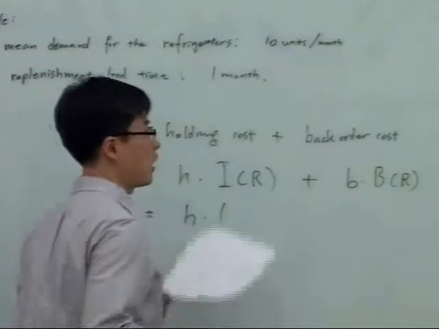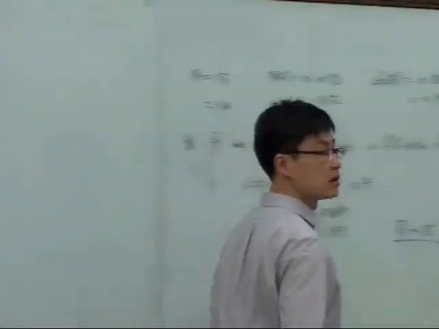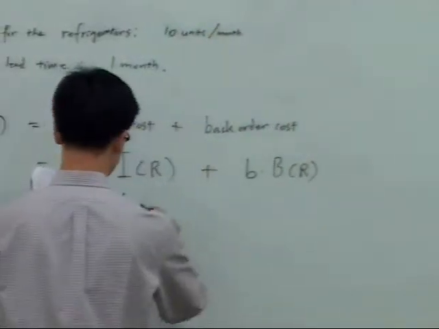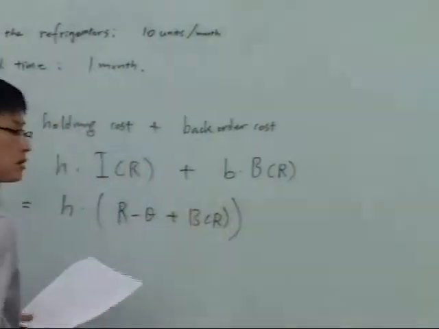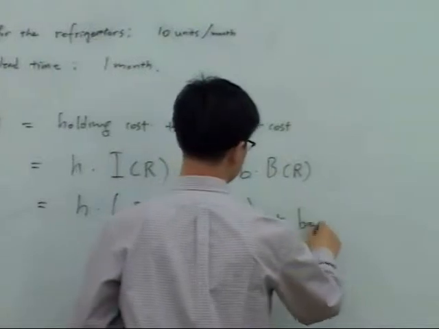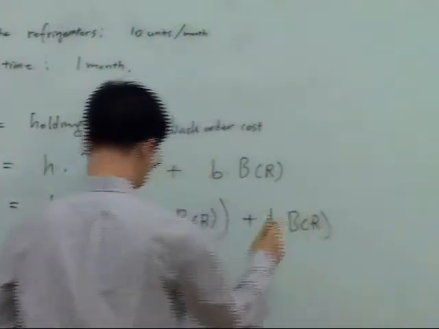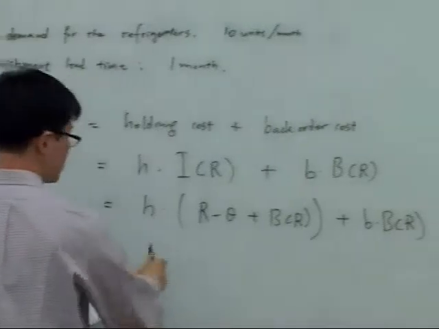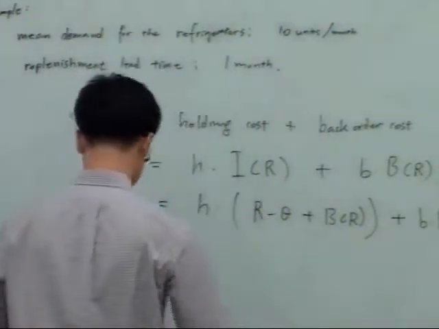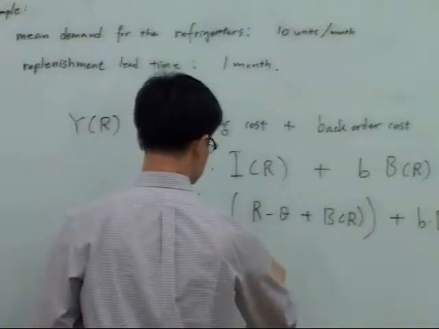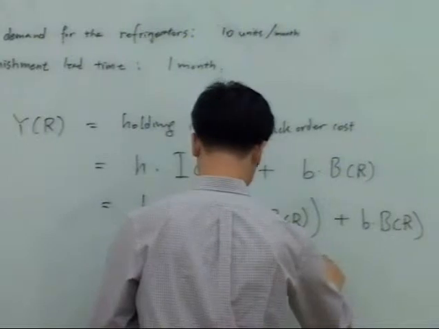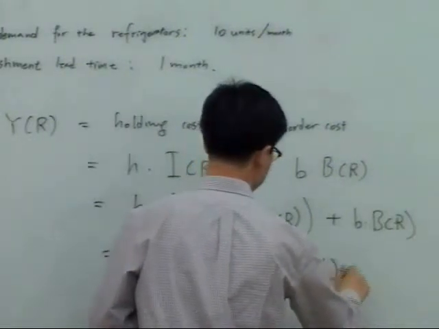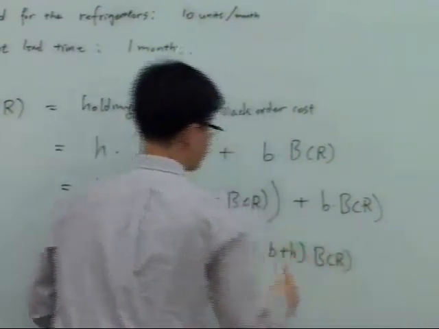H times IR can be substituted with R minus zeta plus PR, and there is another PR. And if you do some cleanup, it's H times R minus zeta plus P plus H times PR.